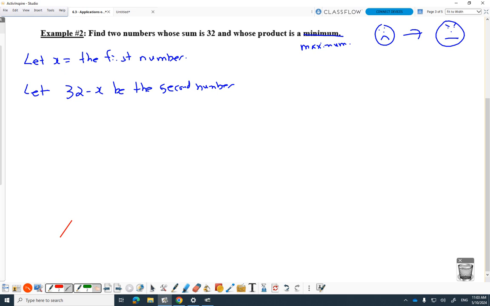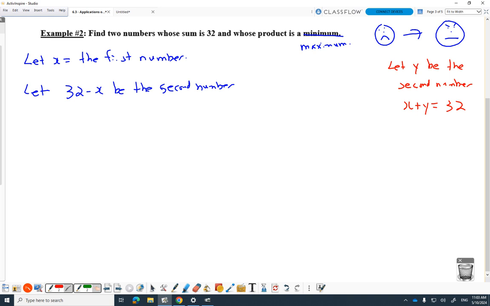You actually go over here and go, therefore, you'll go, let y be the second number. And then you'll write an equation. X plus y equals 32. That's what I know about the two numbers.